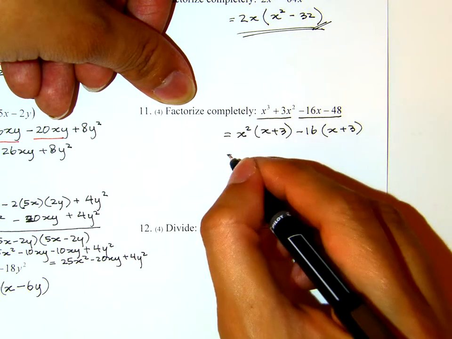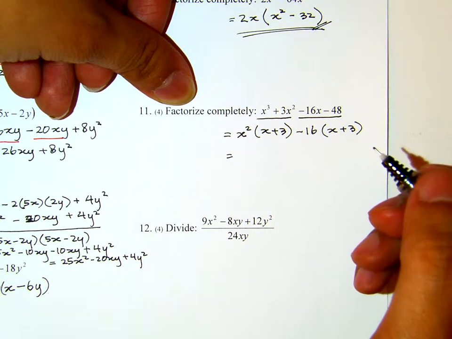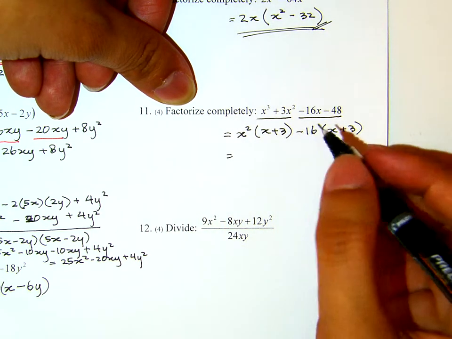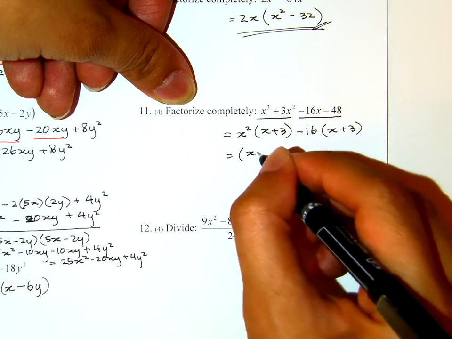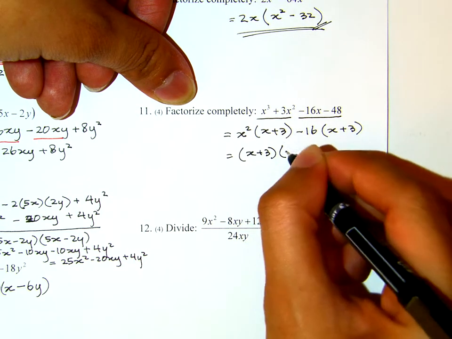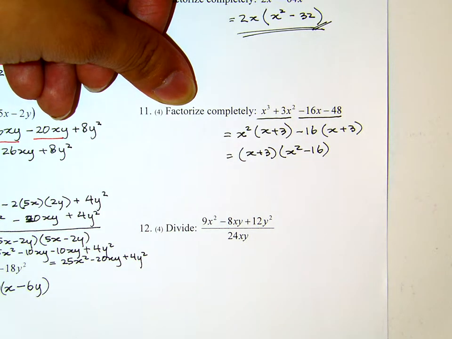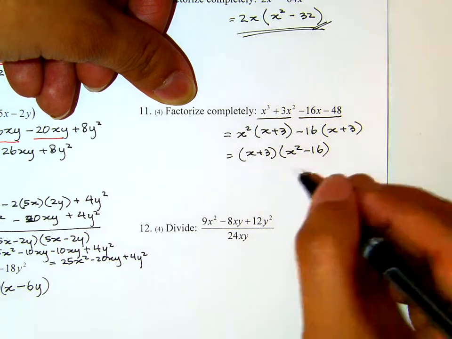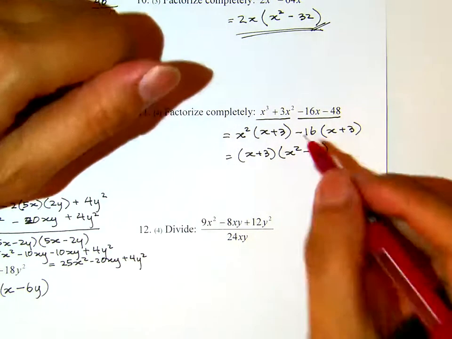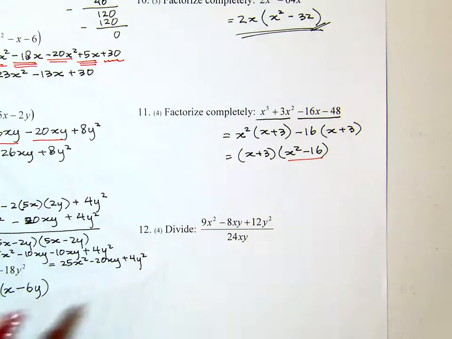Now, from here, let's finish up the factorization by grouping. I take the x plus 3 as the common factor out. I have x squared minus 16 left inside. Now, at this point, factorization by grouping is already finished. But when we take a look here, x squared minus 16 is a perfect square, right?